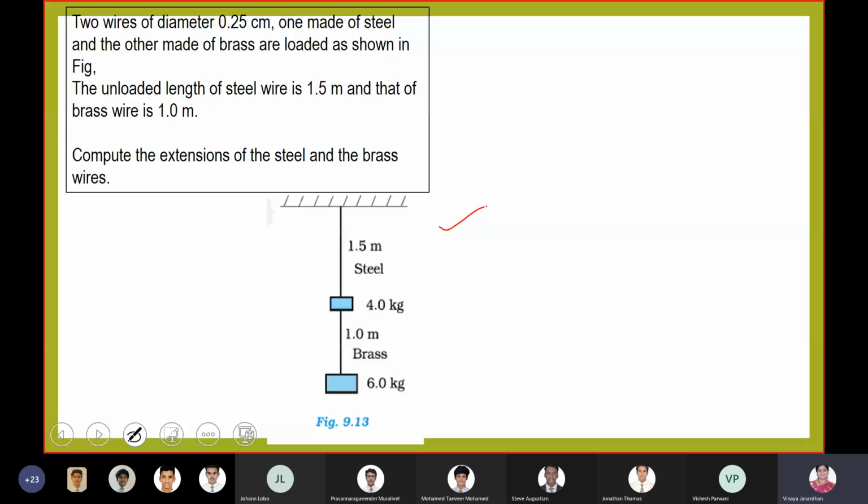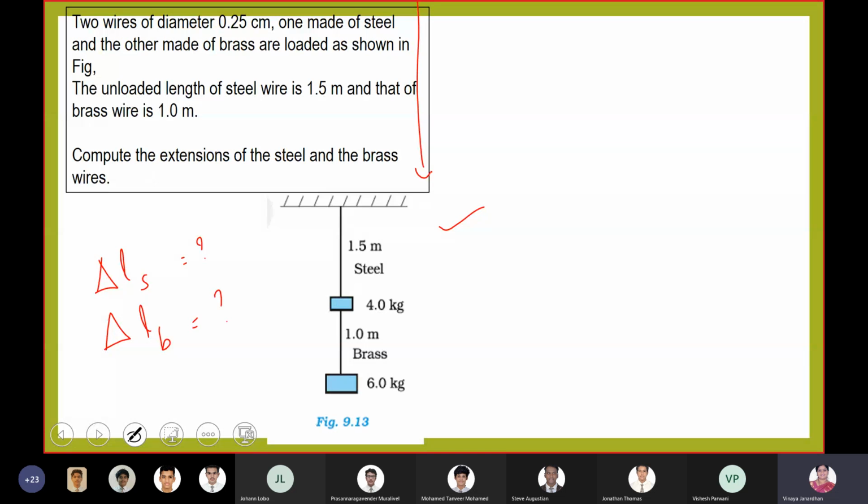So the question is, what is delta LS and what is delta LB? The extension of the steel as well as the brass wires. There is no need for writing all this because everything is being given over here.